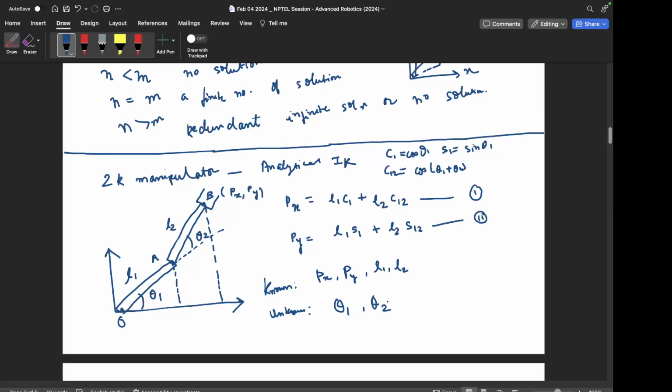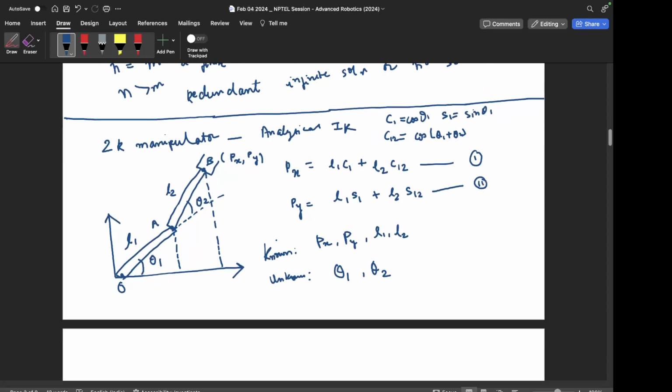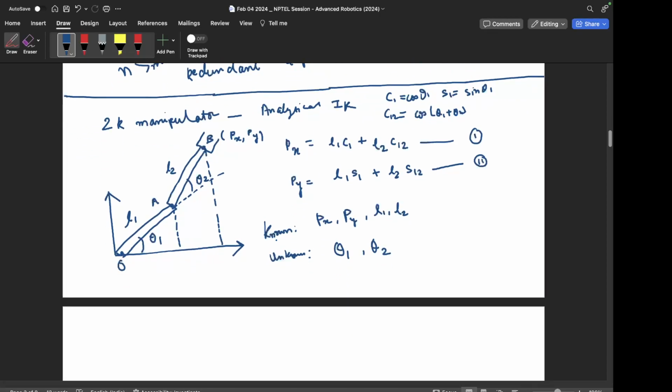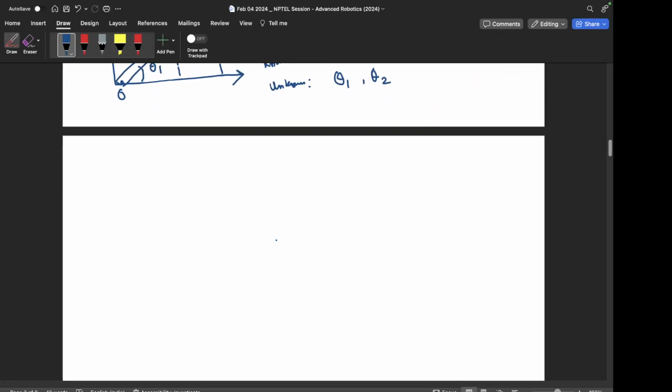So the goal is to find theta 1 and theta 2 from these two equations, and what will follow is a series of mathematical manipulations we'll have to do in order to find closed form solutions for expressions of theta 1 and theta 2.